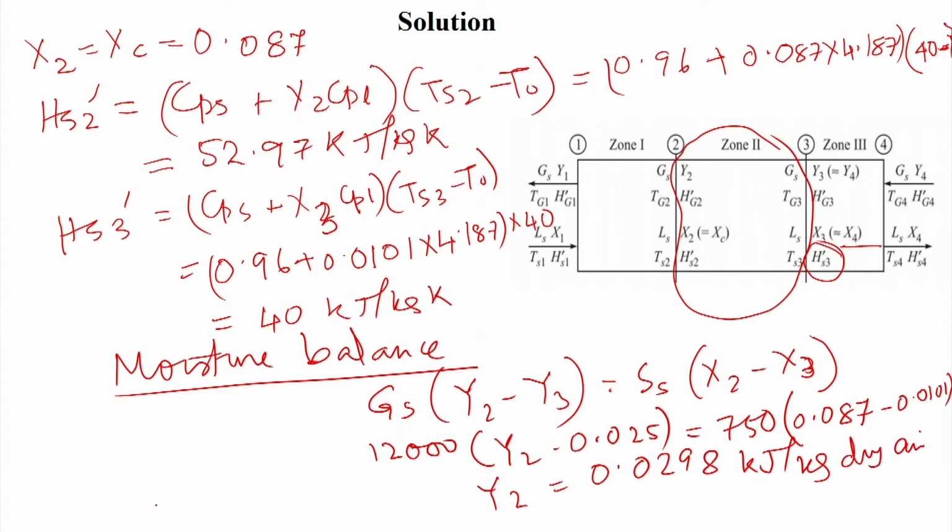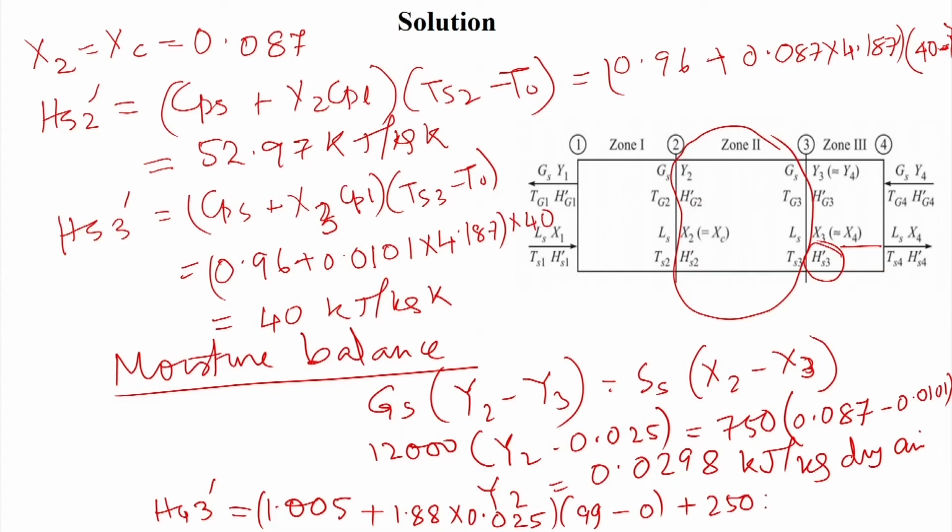And now we can calculate this Hg3 prime, just by putting this value, we will be getting 1.005 plus 1.88 into this Y3, that is 0.025, into 99 minus 0, that is T0, plus 2500 into Y3, 0.025.